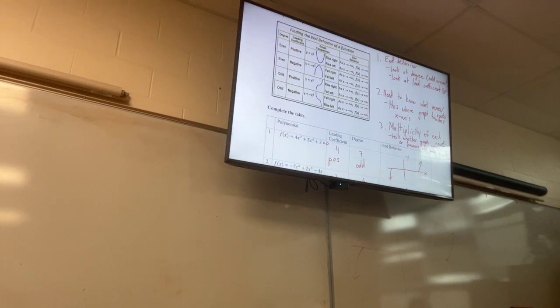The roots are going to tell you where your graph touches the x-axis. Those are going to be your x-intercepts. Notice I used the word touch because of number 3 here. There are 2 different ways that the graph can touch the x-axis.